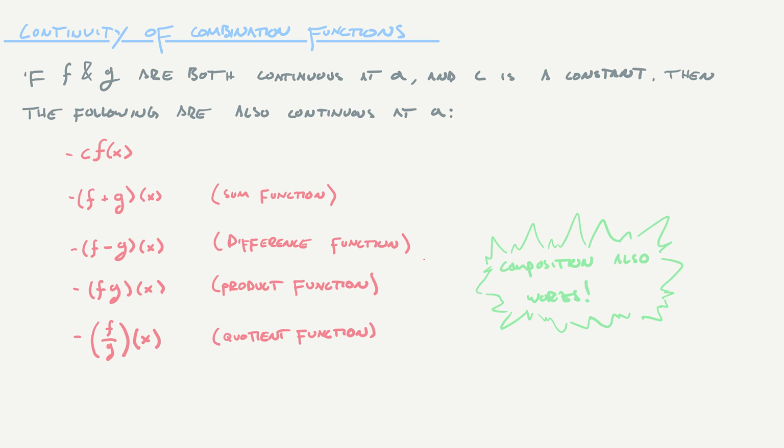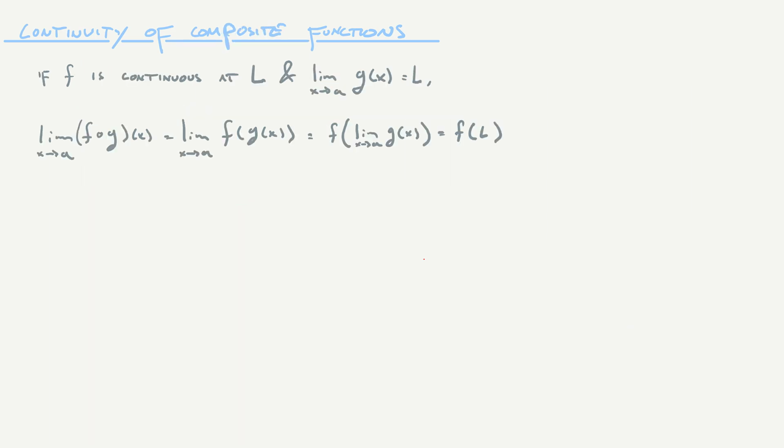The other cool thing is that composition also works. So we can define composite functions being continuous at specific points as well. So if f is continuous at, let's say, the point L, and the limit as x approaches a of g of x is equal to L, then the limit as x approaches a of the composite function f composed with g of x, and by the way, this is the definition of a composite function, f composed with g of x is just defined to be f of g of x.